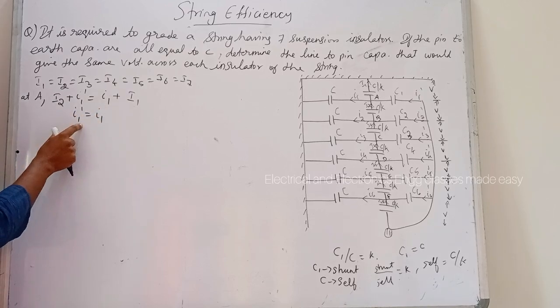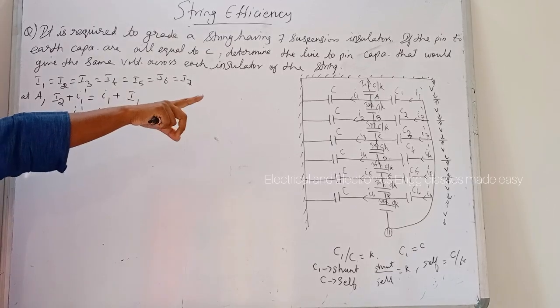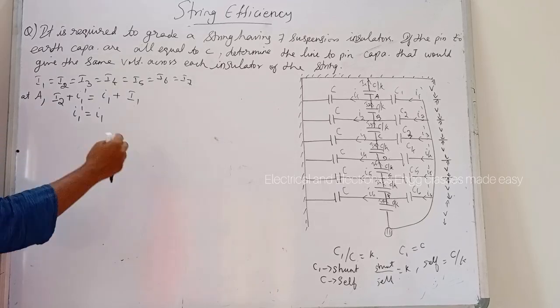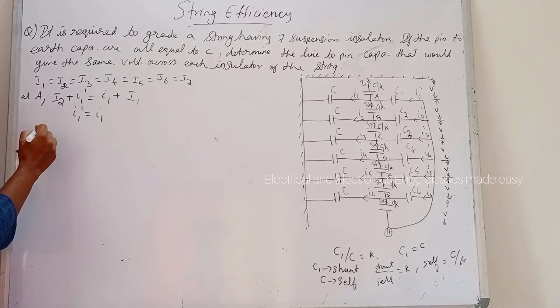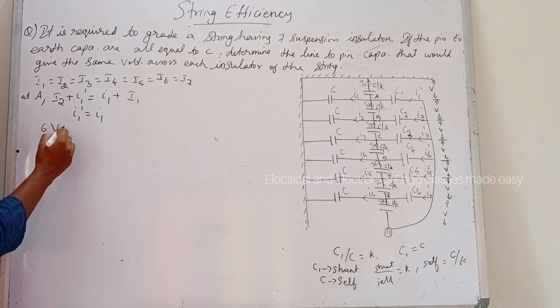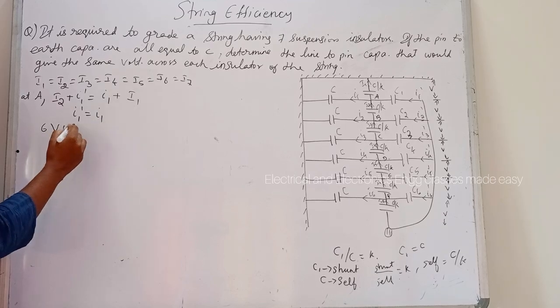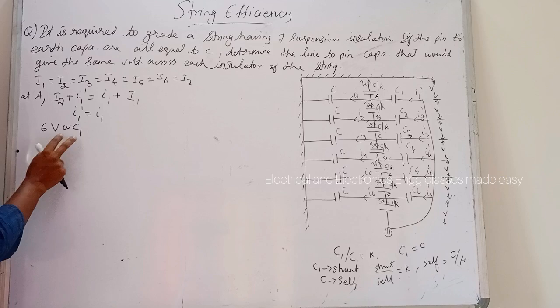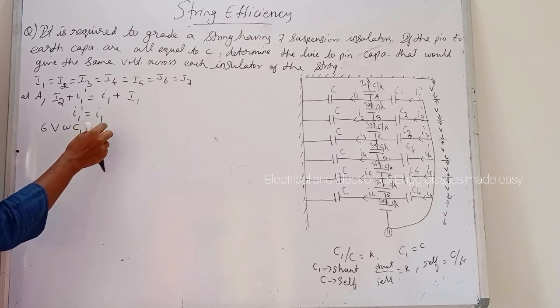Then what is I1 dash? So between the junction A and the conductor there are 6 voltage drops. So I1 dash is equal to 6V into omega into C, C meaning C1. So omega C1 into 6V equal to I1.